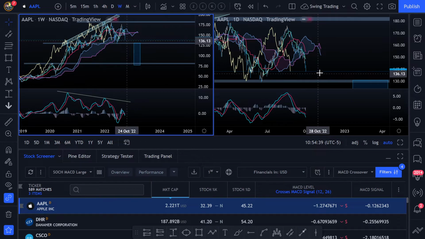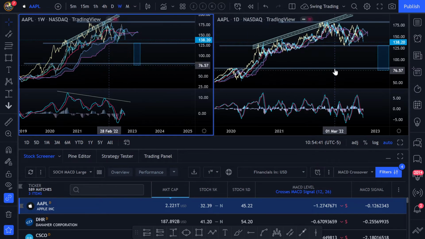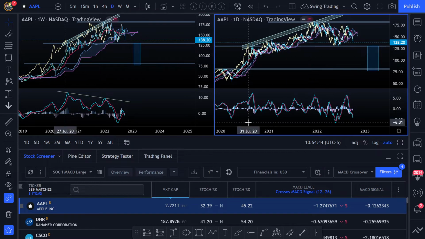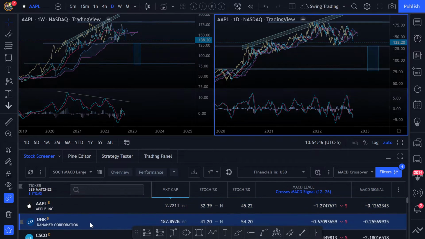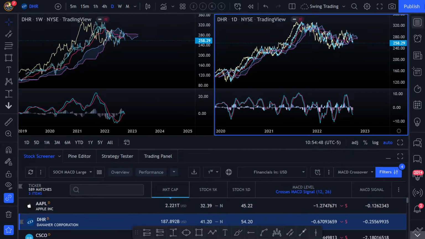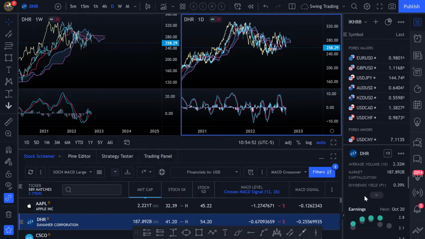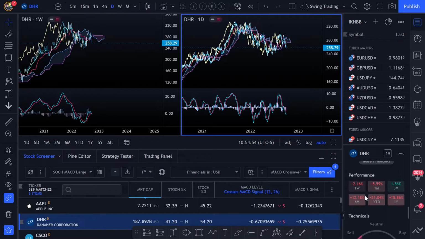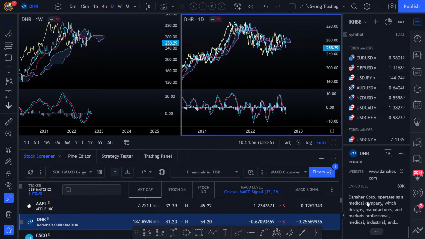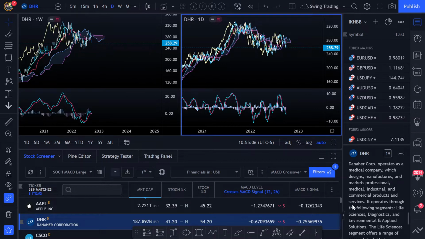Now, moving on to the next stock, Danaher Corporation. Well, I don't know what that company is, so let's take a quick look at it. It's a medical company which designs, manufactures, and markets professional medical, industrial, and commercial products and services.